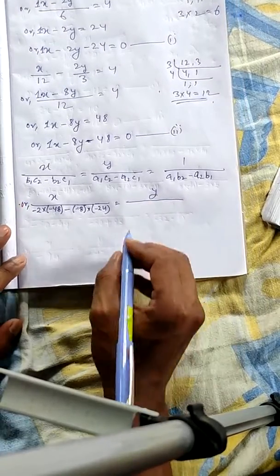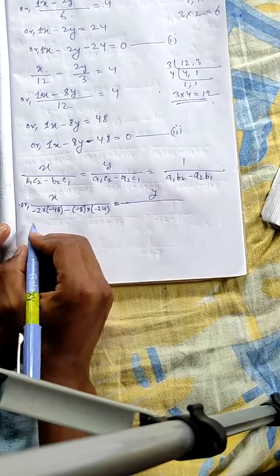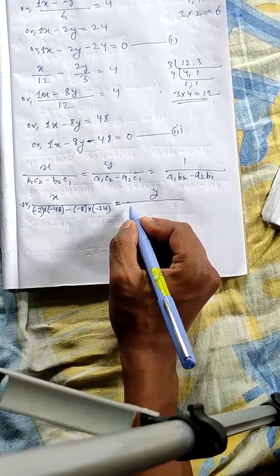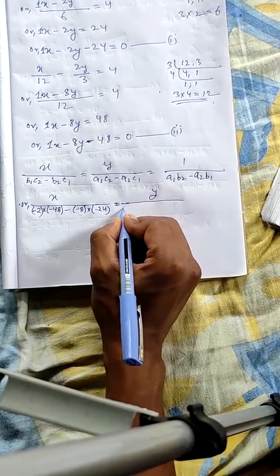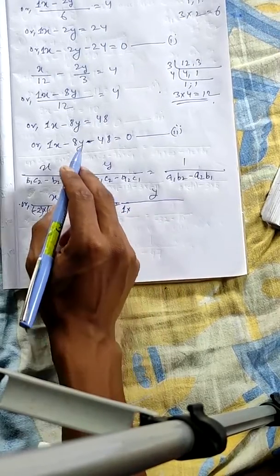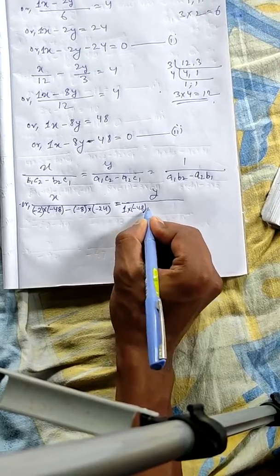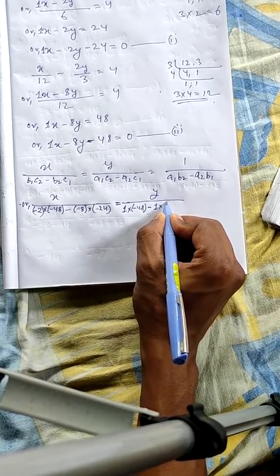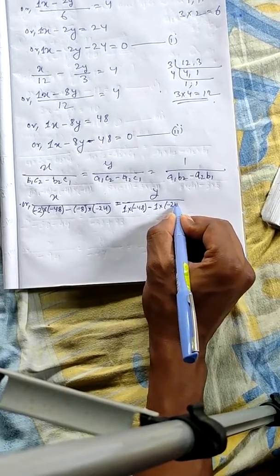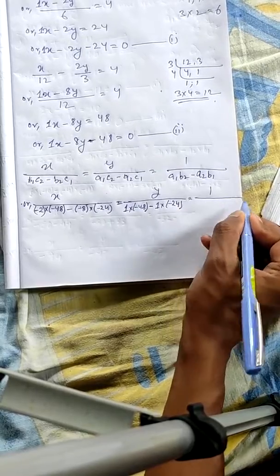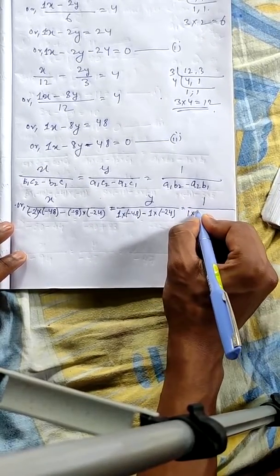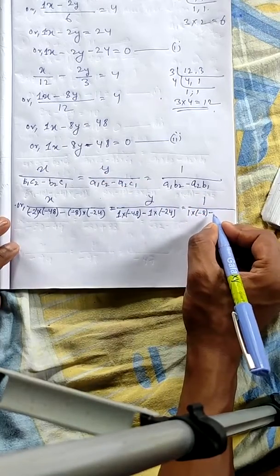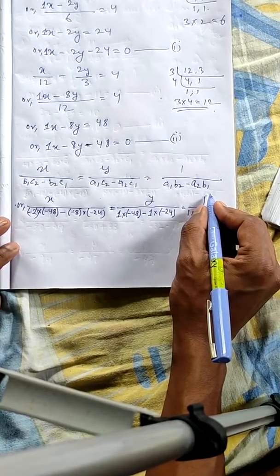Now y. a1 means look at there, a1 is 1 into c2 is minus 48, minus a2, which is also 1, into c1 which is minus 24, equals 1 by a1 is 1 into b2, minus a2 is 1 into b1, which is minus 2.